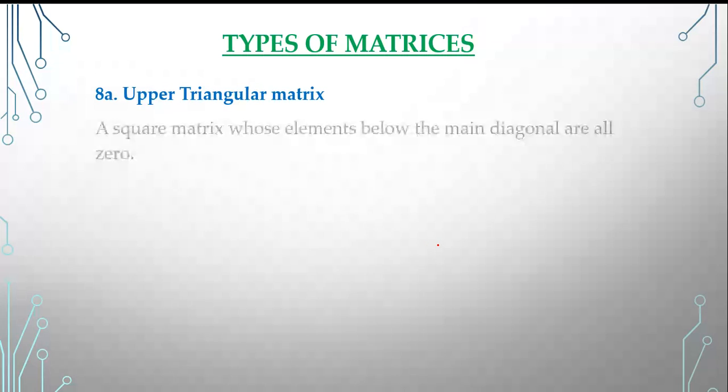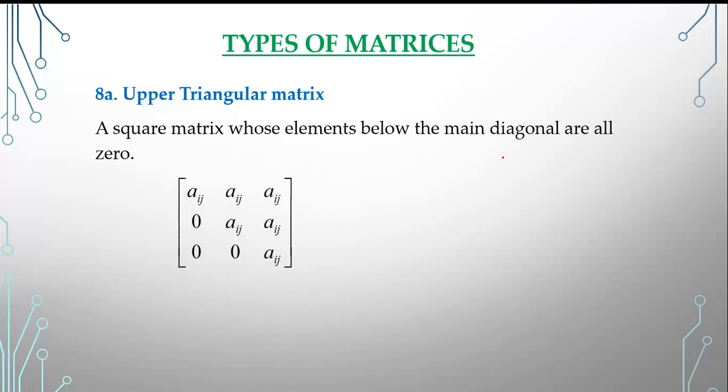So, what is the upper triangular matrix? A square matrix whose elements below the main diagonal are all zero. So that type of matrix is called the upper triangular matrix. Suppose we have this type of matrix, elements are aij type. So what is the main diagonal? This is the main diagonal, and we can see that below the main diagonal elements all are zero.